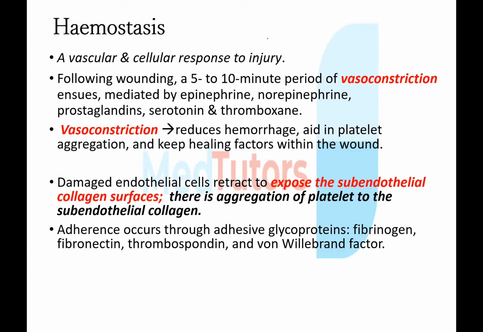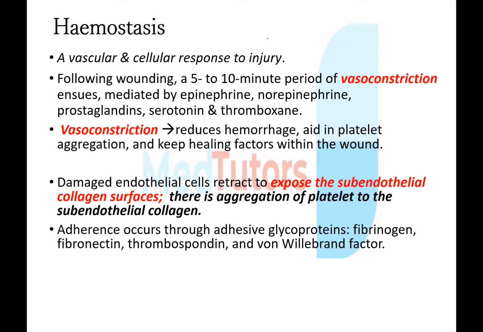Now, what happens at the cellular response in the hemostatic phase? You should know there is damage of endothelial cells during tissue injury, and the damaged endothelial cells retract to expose the subendothelial collagen. The subendothelial collagen surface is exposed, and there is aggregation of platelets to the subendothelial collagen.